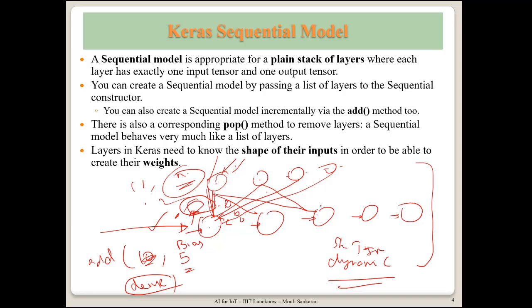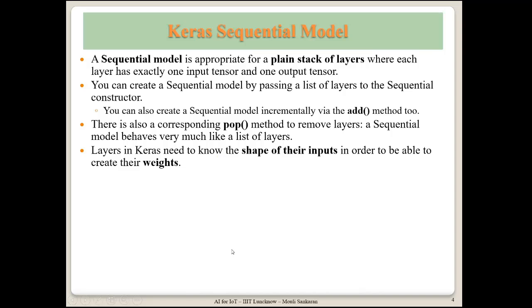Only the connections are shown normally. Even if this is in terms of millions of nodes, you will not be able to show them. So always remember that every node has a bias associated with it, and there is only one bias, which is just coming in from nowhere. It is not coming from the previous layer. It is a separate array initialized with some values.